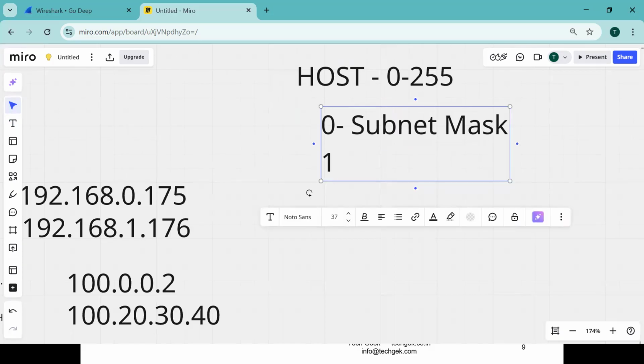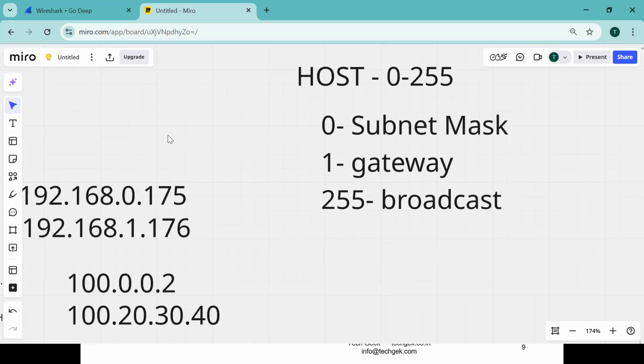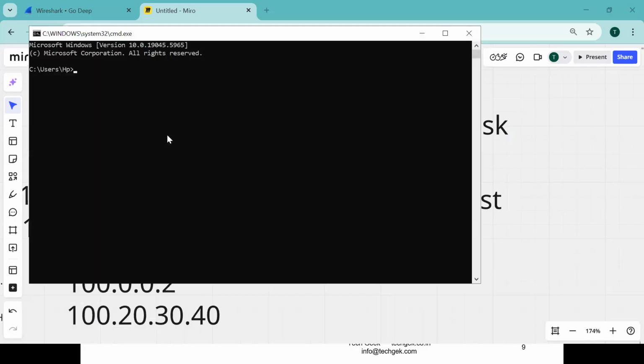We never use 1, which is used as the gateway. We never use 255, which is used for broadcast. This is very important. So we never use 0, 1, and 255, which are fixed. 0 is used for the subnet mask, 1 for the gateway, and 255 for broadcast purposes. Let me just show you that.